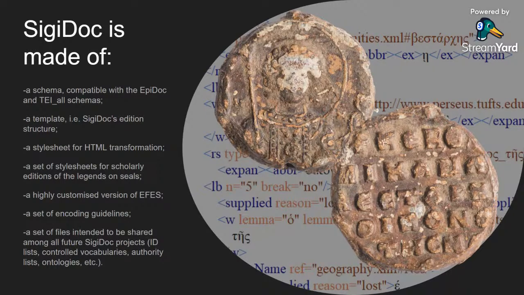Moreover, there's a template, so an addition structure, which looks like what Gabby showed before regarding the metadata. There are style sheets for HTML transformation. There's also a highly customized version of EFES, EpiDoc Front-End Services, which, once again, has been mentioned a couple of minutes ago. And there are also guidelines, which are, let's say, the human-readable version of the schema, and a couple of things more that are not relevant to our purpose right now.